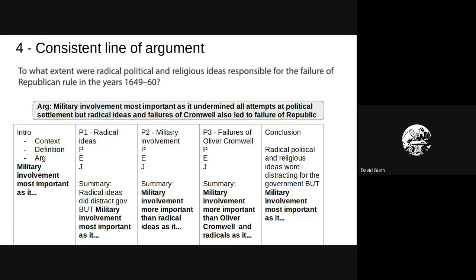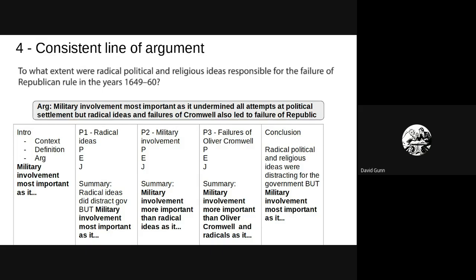So you've got that question, and you might think, actually, I don't think it was radical political and religious ideas that were responsible for the failure of the republic. It was actually military involvement, because it undermined all attempts at political settlement. Radical ideas and failures of Cromwell also led to the failure of the republic. Okay, so your argument, you're going to disagree with the question and say it was military involvement.